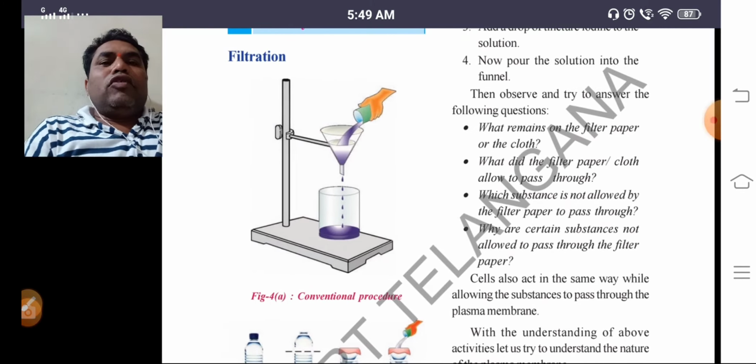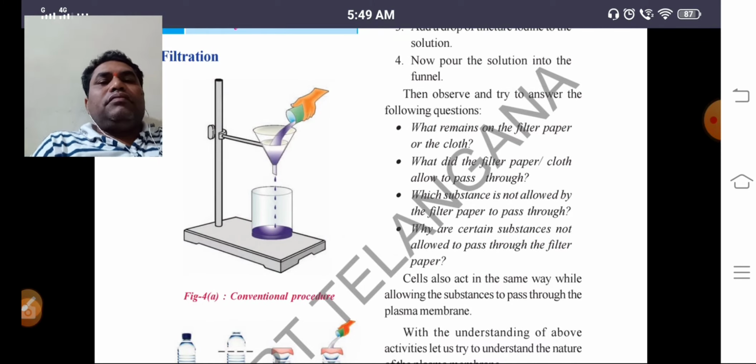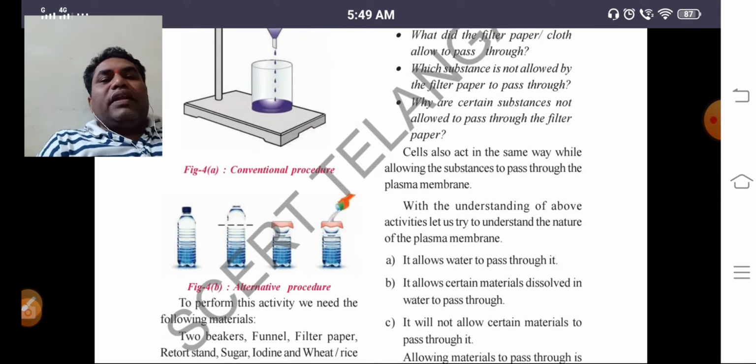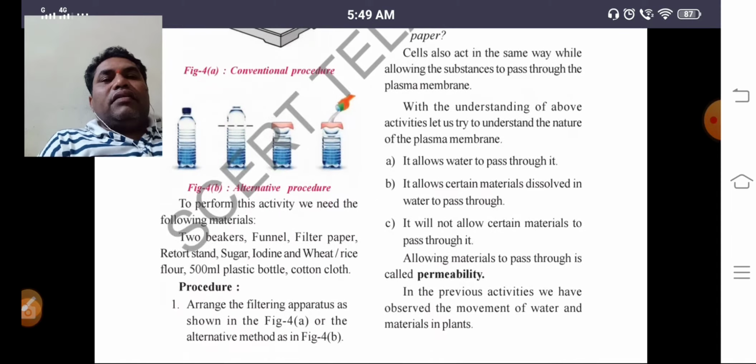Filtration is something we commonly see in our homes daily, by filtering tea and other materials.